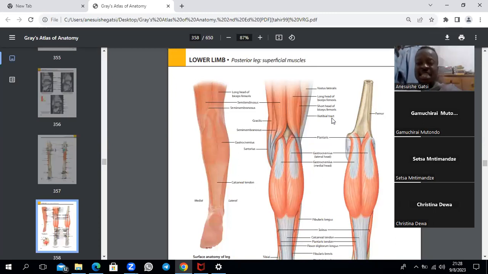Those on the posterior, they extend. That was the rule for the upper limb. For example, triceps is posterior, it's an extensor of the elbow. Biceps is anterior, it's a flexor of the elbow. That's an example. For the leg, remember I said it's the opposite. For the lower limb, rather, in general. Muscles in front are extensors, muscles behind are flexors.